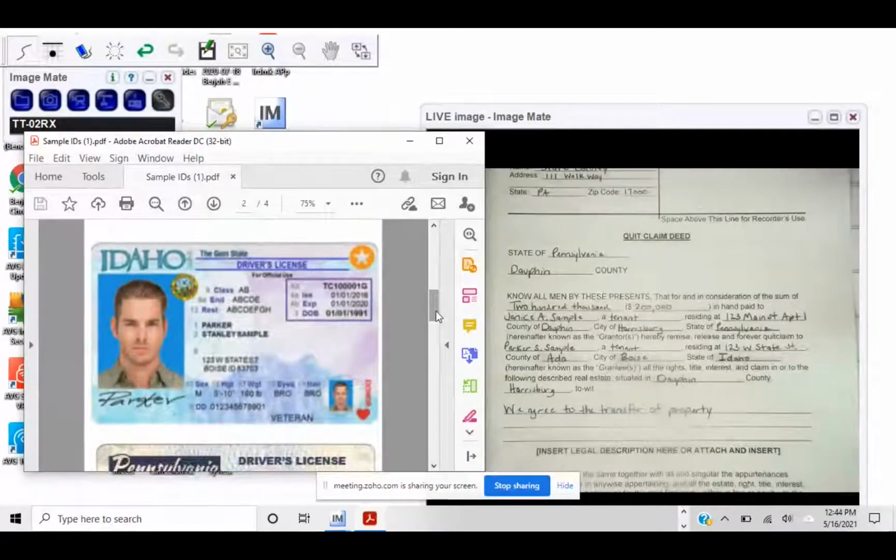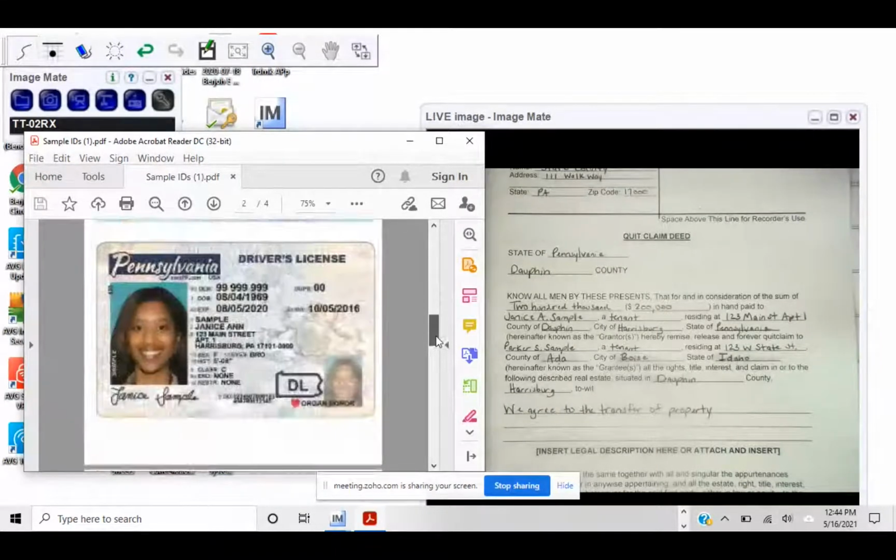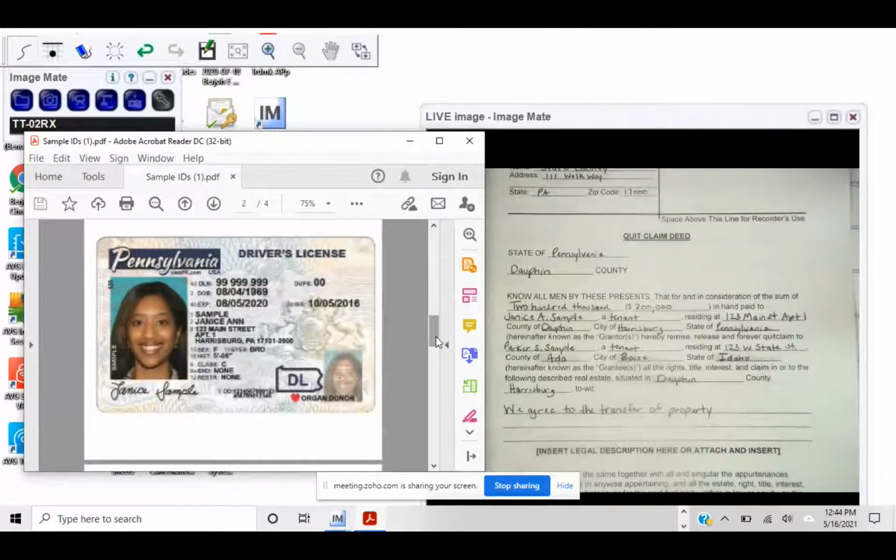Now, what if you come across a scenario where their IDs are not current? You would either need them to produce another form of valid identification, or we will have to use credible witnesses. The credible witnesses cannot be anybody who's in this document, anybody who has a beneficial interest.